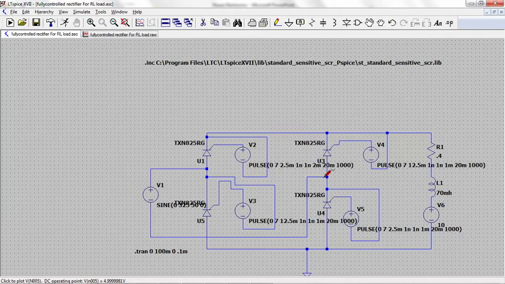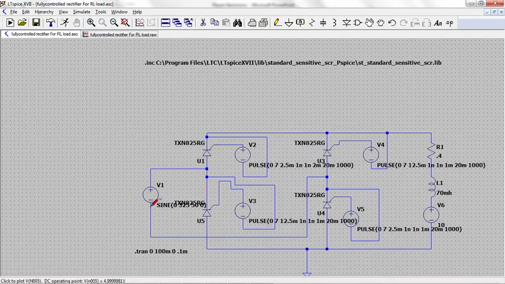So you can see this cathode is connected to positive. Next, this side is negative, and this anode is connected to negative.